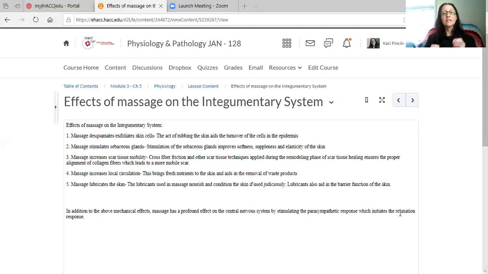Now, in addition to the above mechanical effects, see, I told you, massage has a profound effect on the central nervous system by stimulating the parasympathetic response, which initiates the relaxation response. We will be talking about this quite a bit throughout the course, but let me just introduce to you the concept of the parasympathetic response.